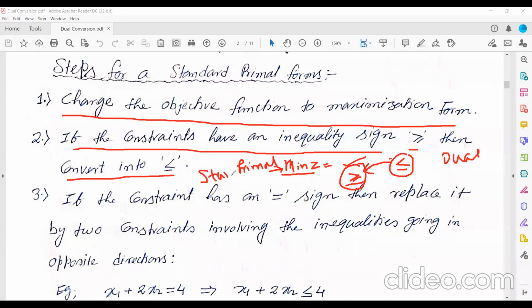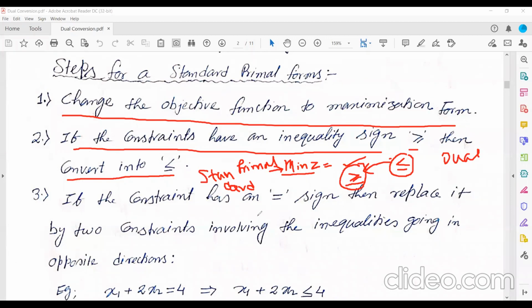So first, whatever linear programming is given, that is your primal. First you need to convert your primal into a standard primal, and only then can you convert it to the dual.